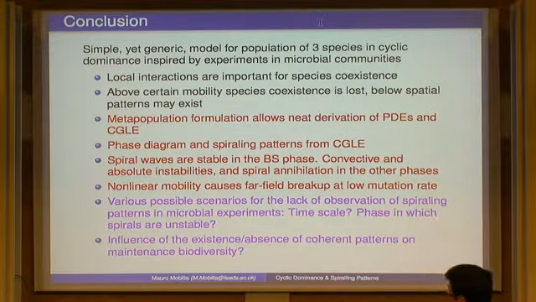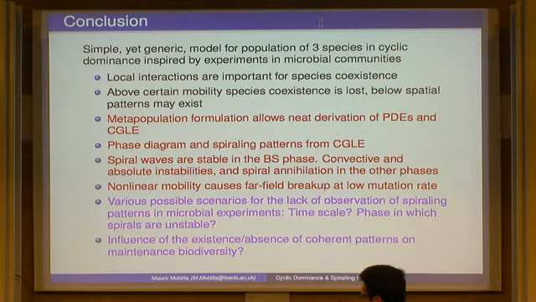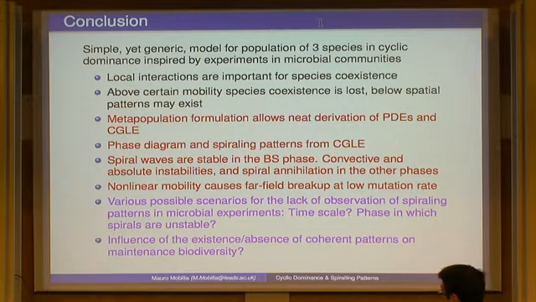And then I tried to introduce this metapopulation formulation of a model that allows, I think, a neat derivation of the PDEs and of the CGLE of the system, that allows you to characterize carefully the phase diagram of the system near the Hopf bifurcation, and from there you can also infer what happens away from that Hopf bifurcation.